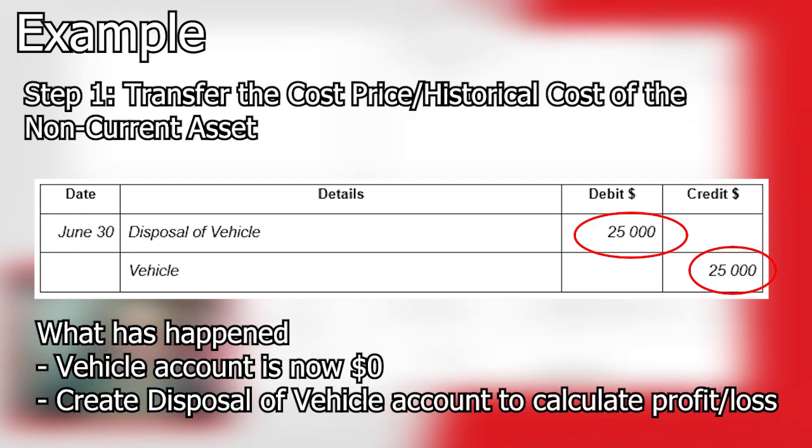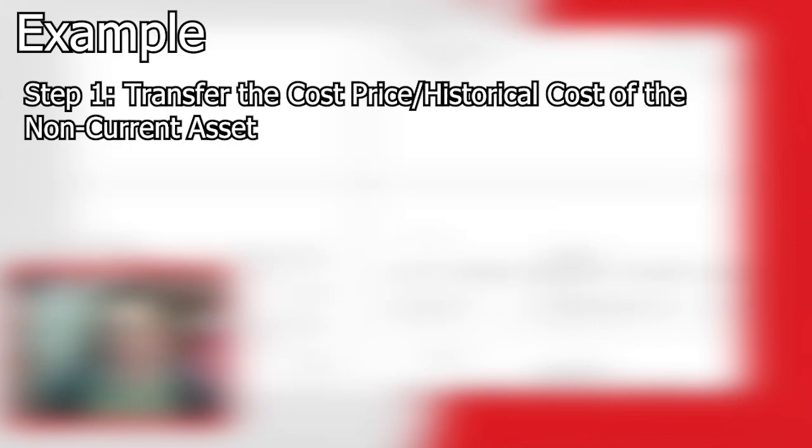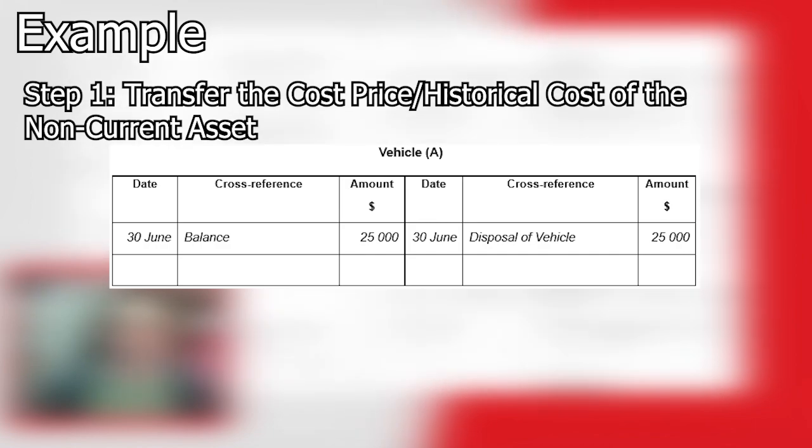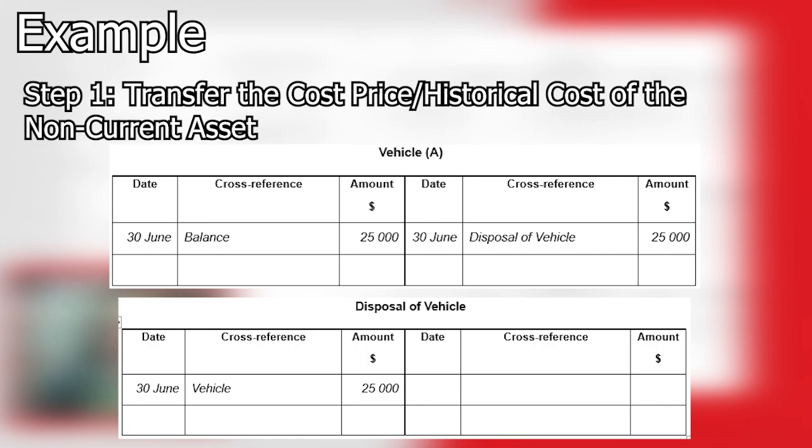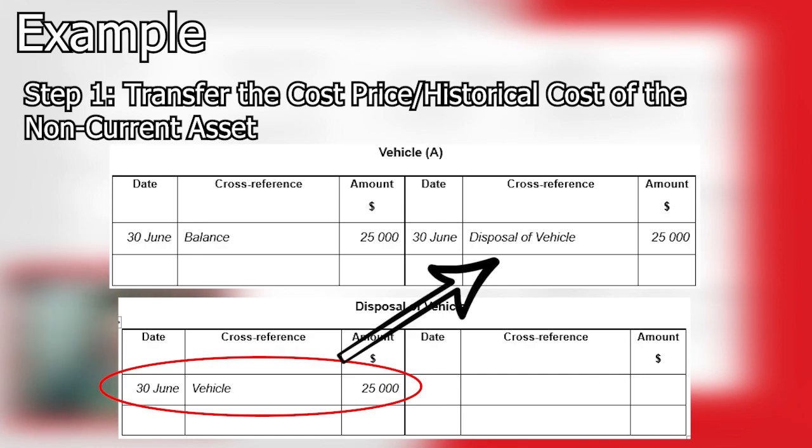If we have a look at the general ledger, pay particular attention to the vehicle account and the disposal of vehicle account. You can see here disposal of vehicle created, meanwhile the vehicle account balances 0.